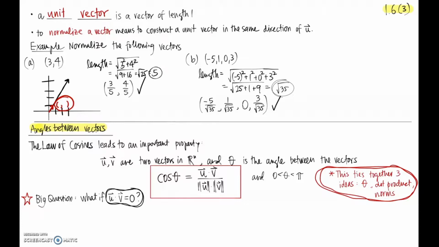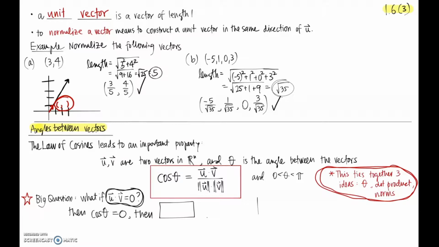So if u dot v equals 0, then that implies that the cosine of theta has to equal 0. And if the cosine of an angle is 0, what does that imply? Well, which angles have a cosine of 0?